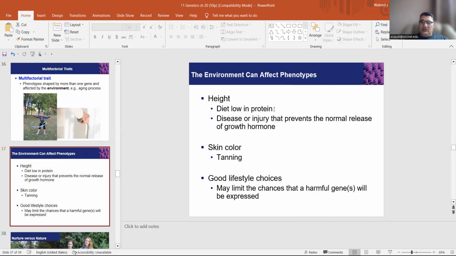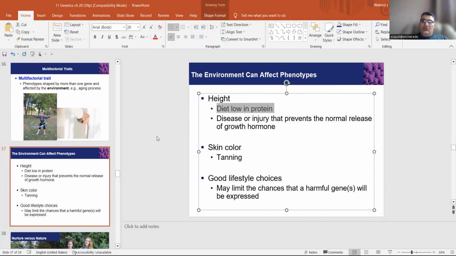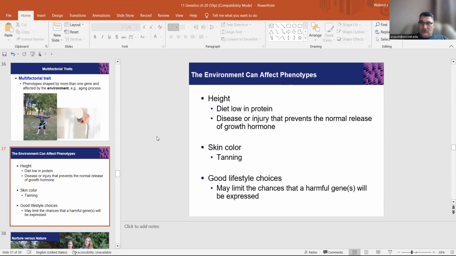It's about the environment. Maybe you didn't get enough protein to be tall. It's not 100% genes. Maybe you have an injury that caused you to lose your growth hormone. But wait a minute, I have the two genes to be tall. Yes, but you don't have the growth hormone.